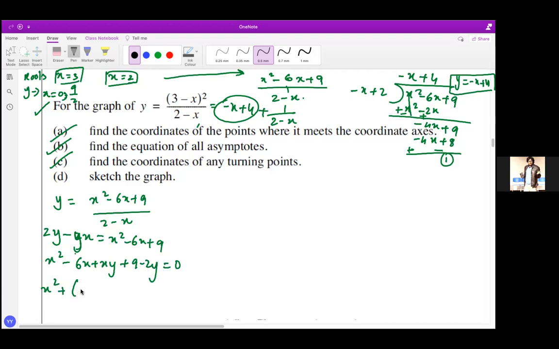If I take x common, it is x squared plus (y minus 6) times x plus 9 minus 2y equals 0.